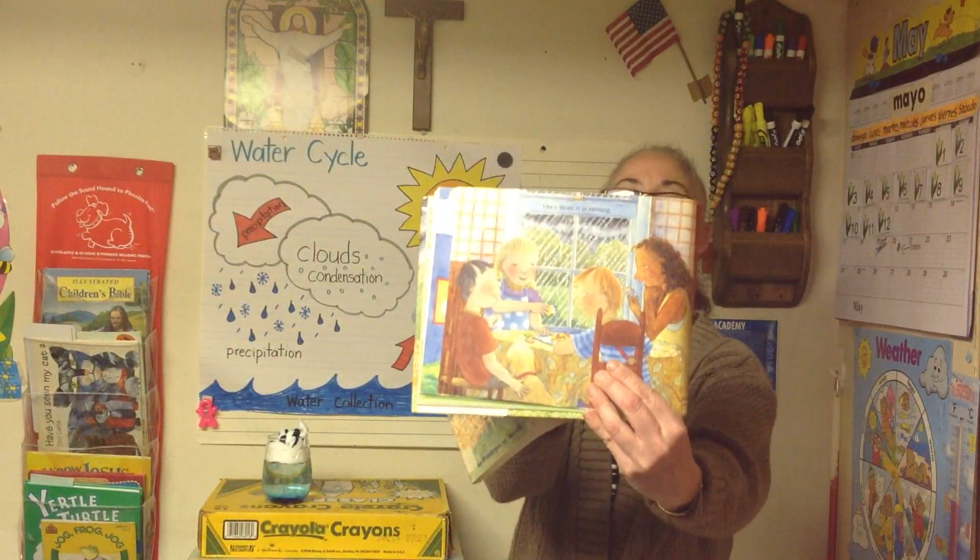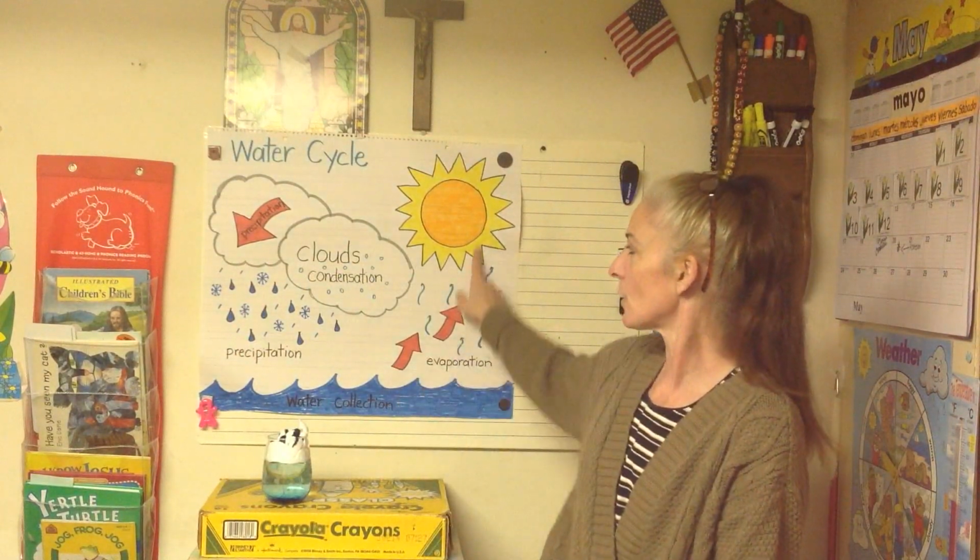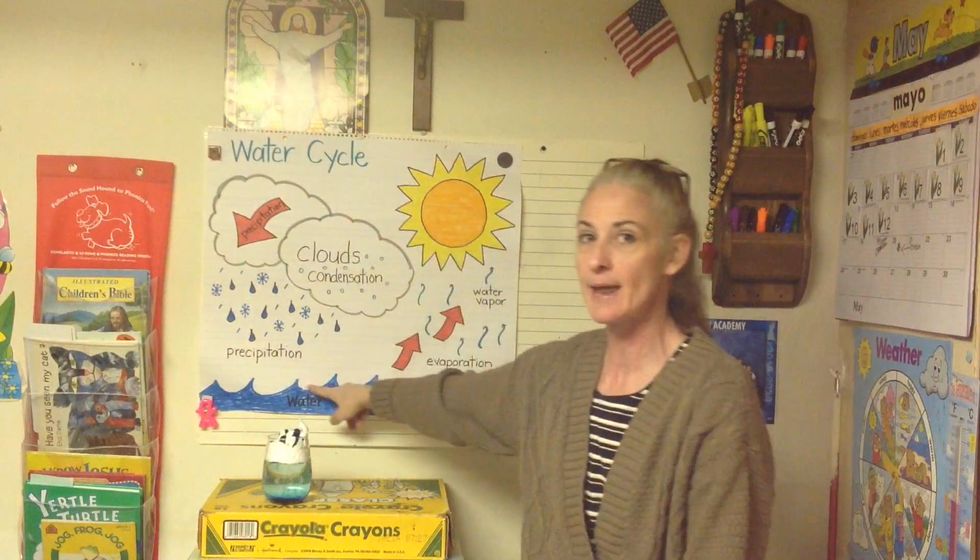And once more, it's raining because it is the water cycle. The water cycle brings water up and down and all around. It just happens over and over and over again.